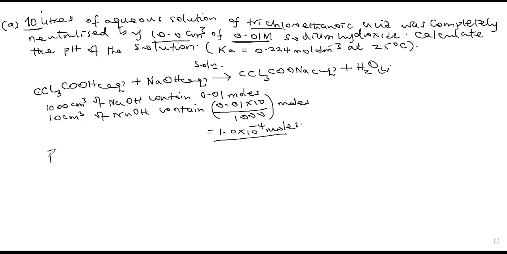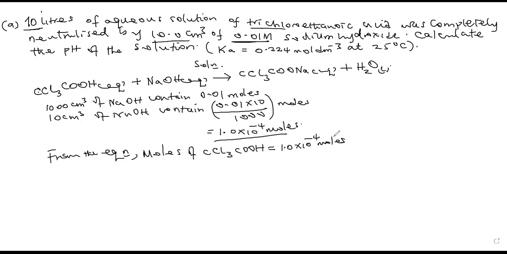So from the equation, moles of trichloroethanoic acid are equal to 1.0 times 10 to the power negative 4 moles because of the mole ratio.